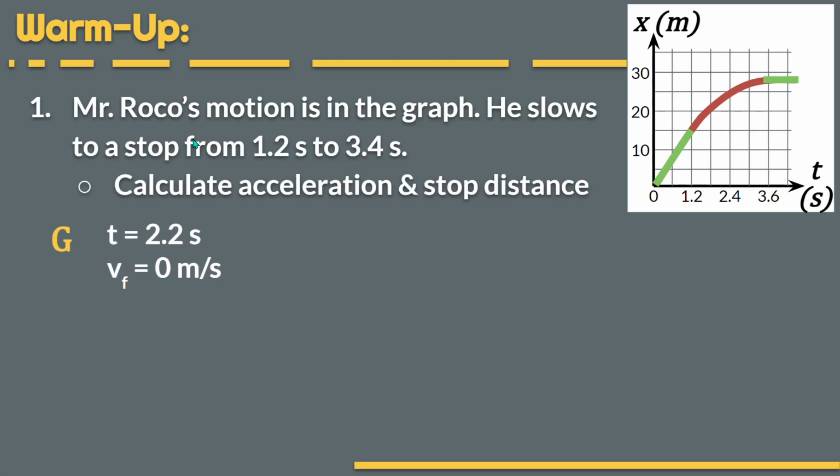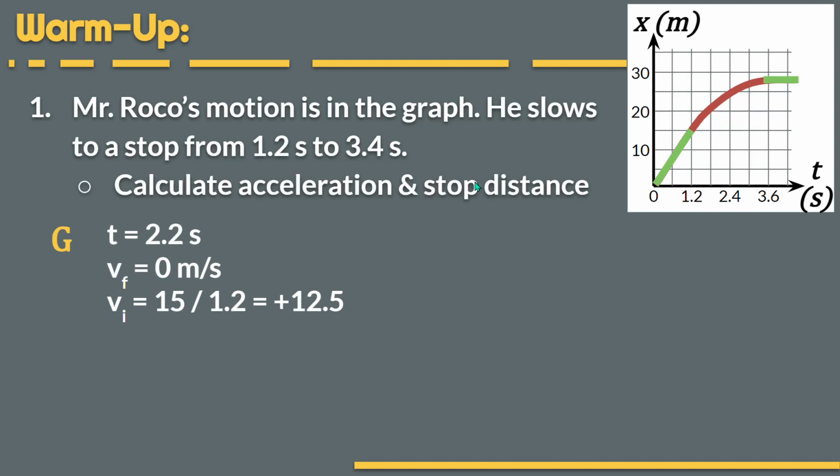So we know the final velocity, but the initial velocity I can get by just looking at the slope of this line and doing rise over run, change in y over change in x. And for this straight line segment, that's 15 over 1.2 because in the first 1.2 seconds, he goes 15 meters and he does so at a constant velocity.